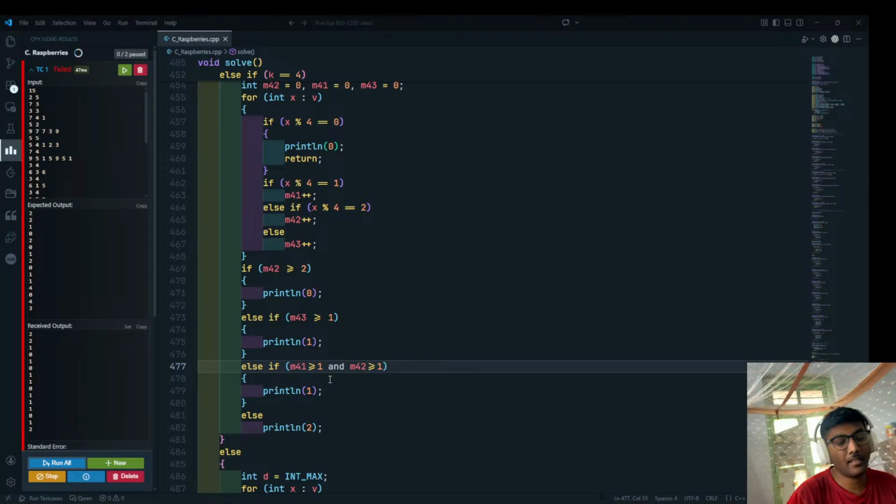Otherwise, it's not like 1 1 1 1 I can have. Then I have to operate two of them now. Sorry, I have to upgrade. Yeah, M4 2.